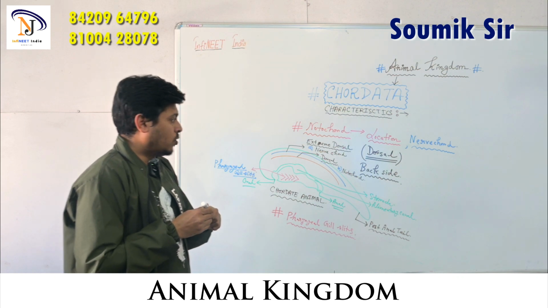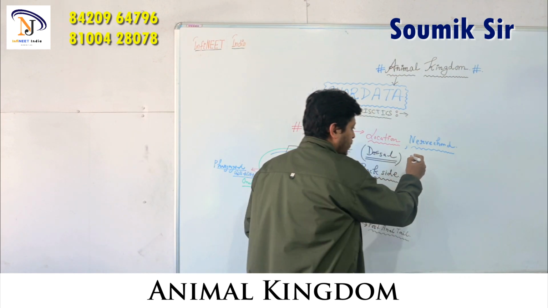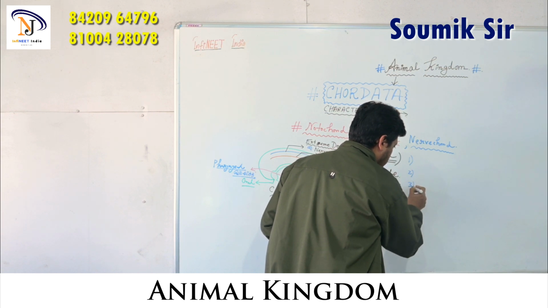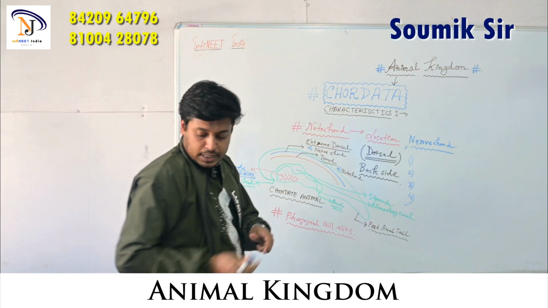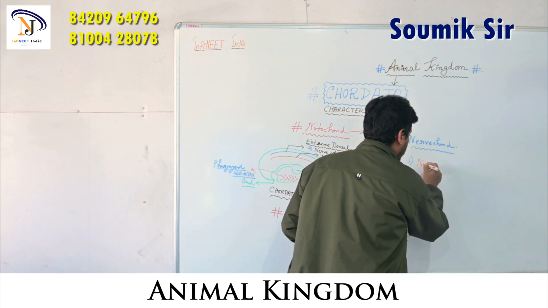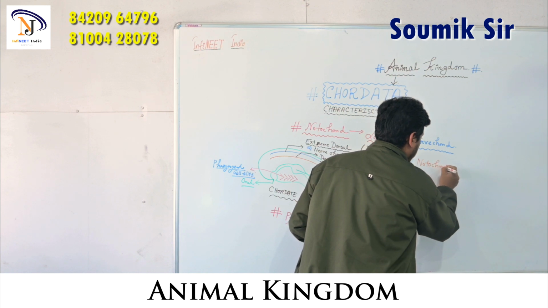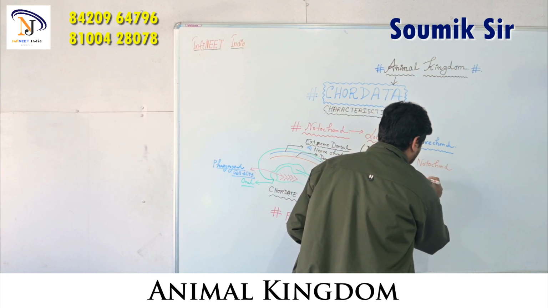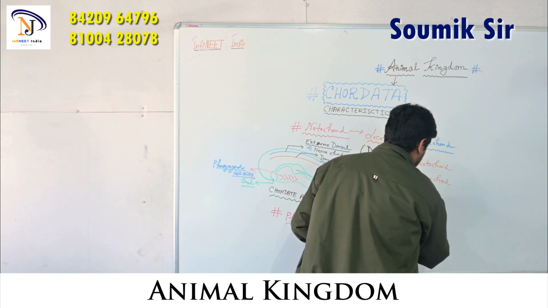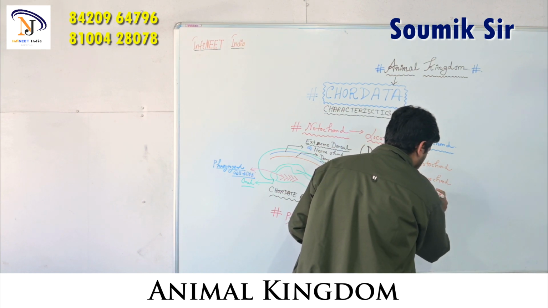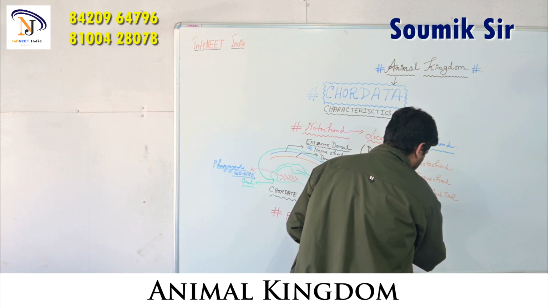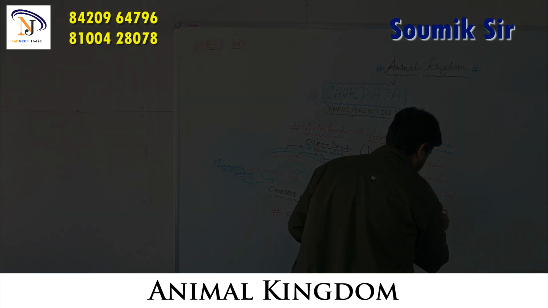Okay, so the most important characteristic features are presence of notochord, presence of nerve cord, presence of post-anal tail, presence of pharyngeal gill slits.